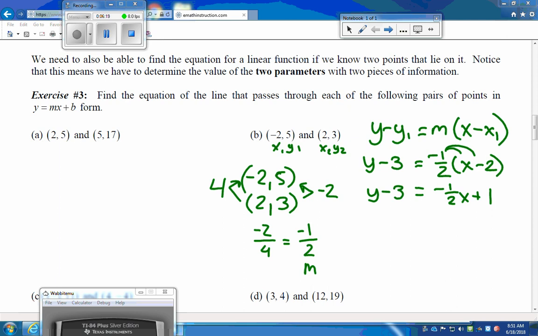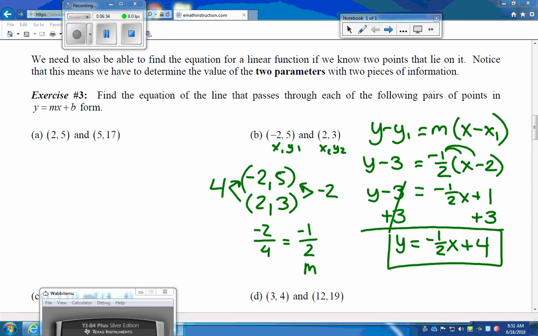And then to finish the problem, you want to add 3 to each side. So adding 3 to the 1 will give you the equation. You get -1/2 x plus 4. That's our equation. Our slope is -1/2, and the y-intercept is 4.